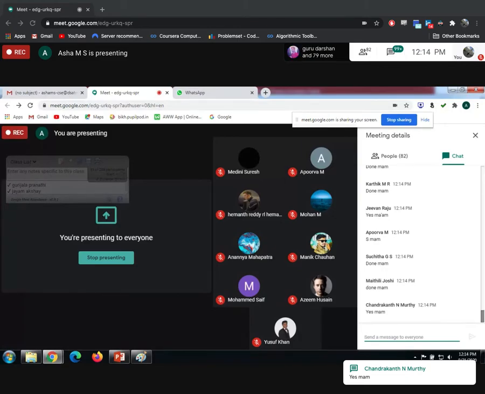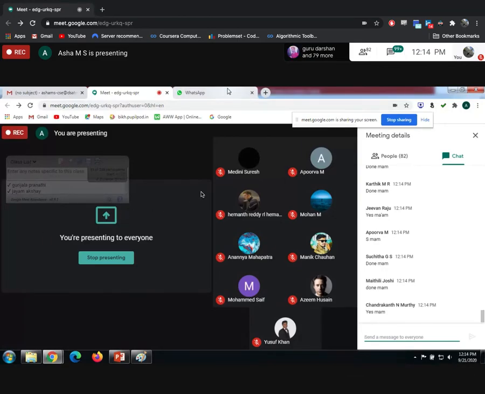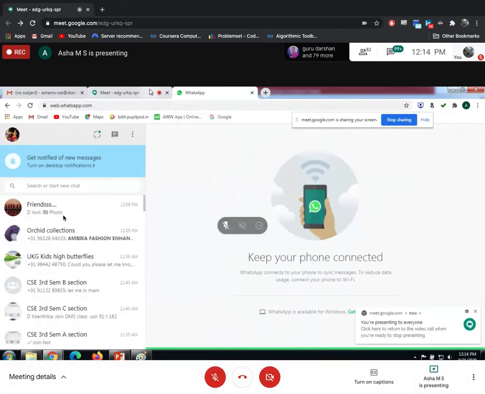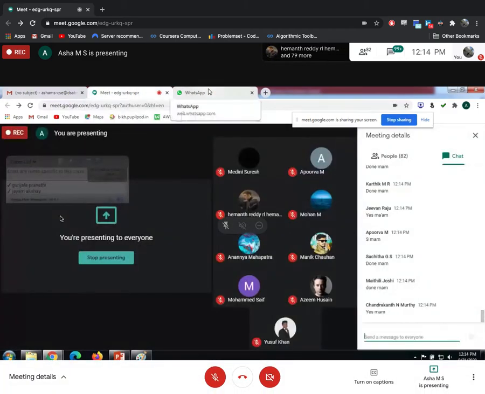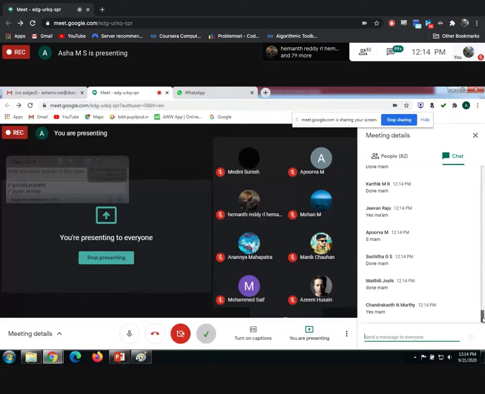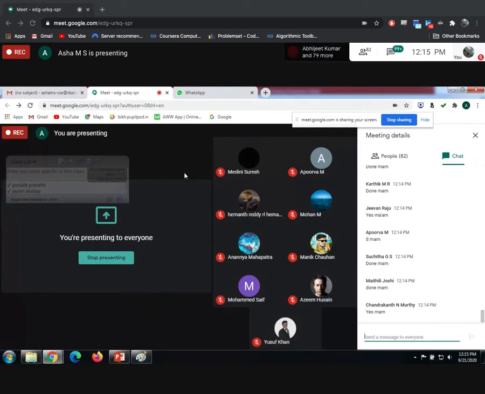Just take a pic of the truth table and WhatsApp me fast. Manik Chauhan, are you listening?